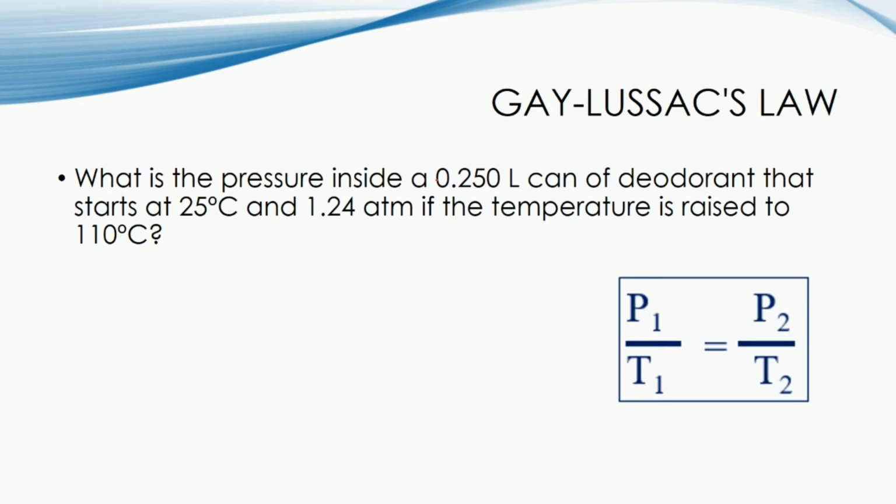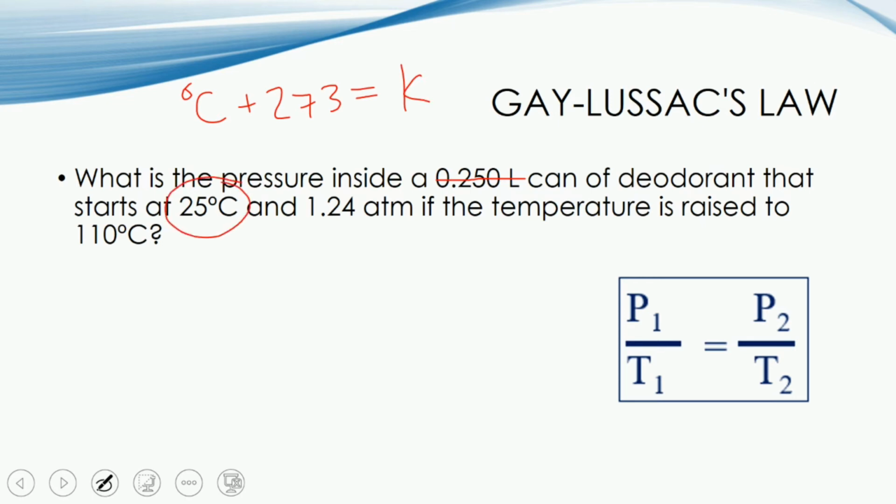So this information right here can be ignored because, again, the can did not change size, so the volume remained the same. Now, as in our previous lessons, we learned that for any degree Celsius, we have to convert that into Kelvin. So anytime that we see degrees Celsius, we need to change it.